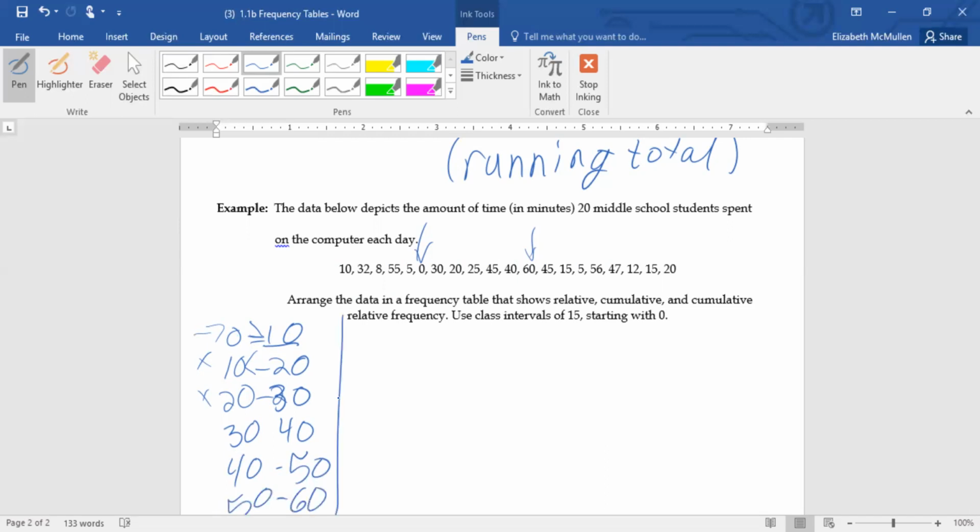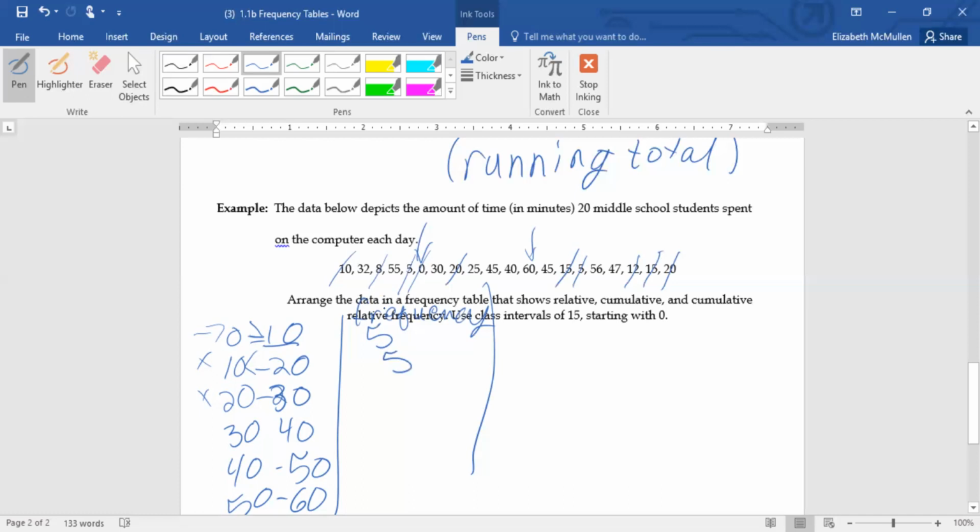All right, so we can do the tally and actually make tally marks. We're not going to actually make tally marks. We're just going to count this so we know what our frequency is, how often it occurs. So between 0 and 10, I have 1, 2, 3, 4, 5. I have 5. Between 10 and 20, so really between 11 and 20, I have 1, 2, 3, 4, 5.